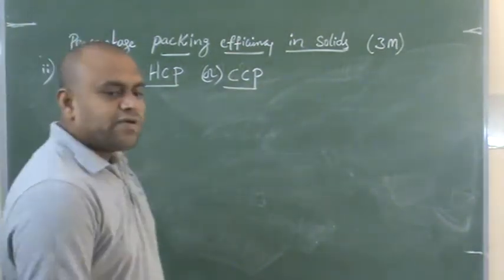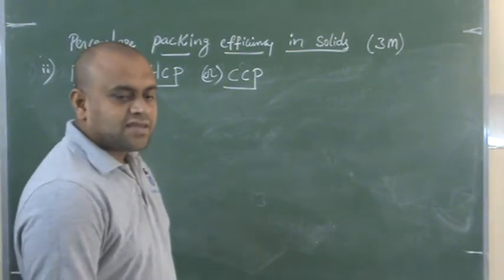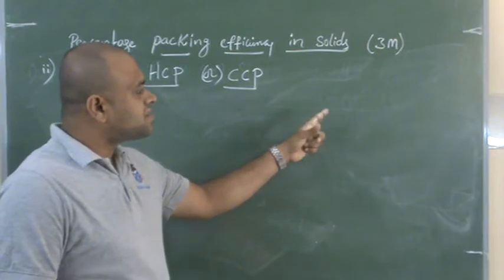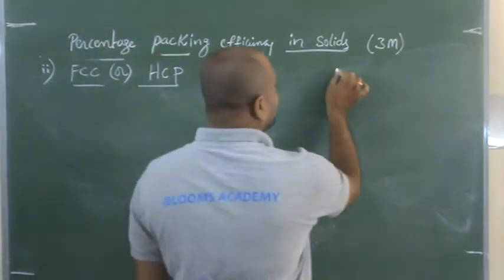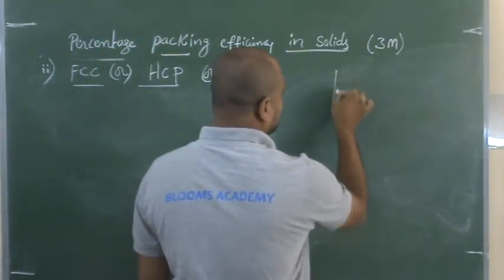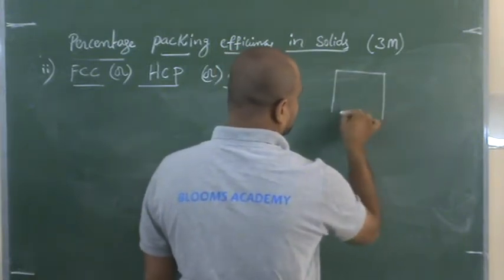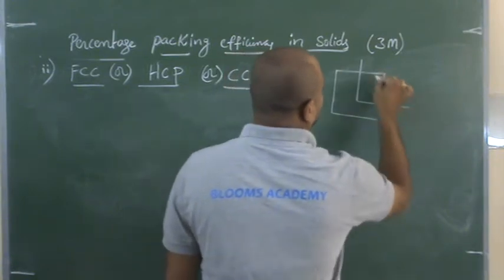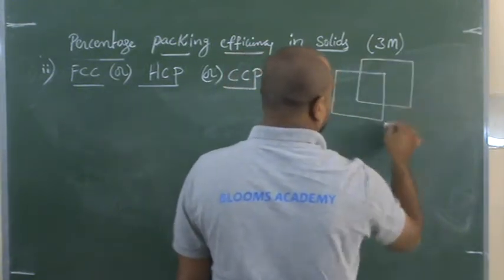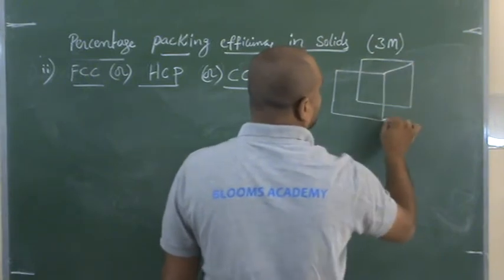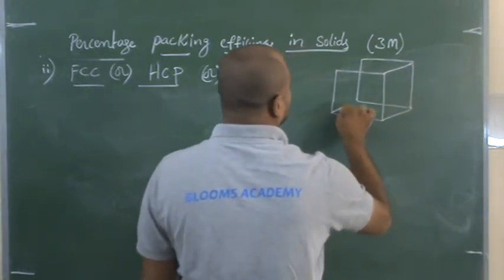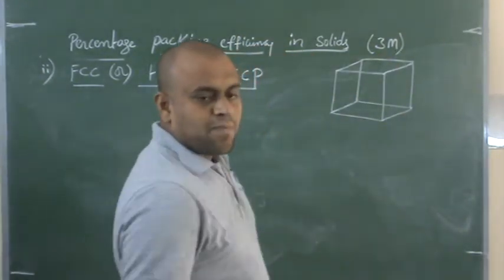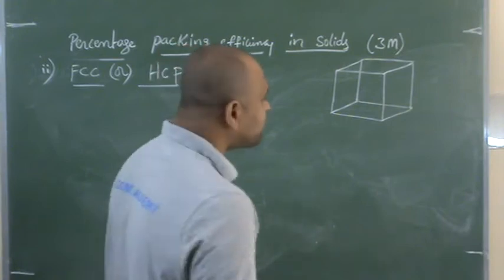So let's see how FCC is. Already we have discussed the face-centered unit cell. Once again, for understanding purposes, I will show you how the FCC unit cell looks. An FCC unit cell contains particles at corners as well as at face centers.